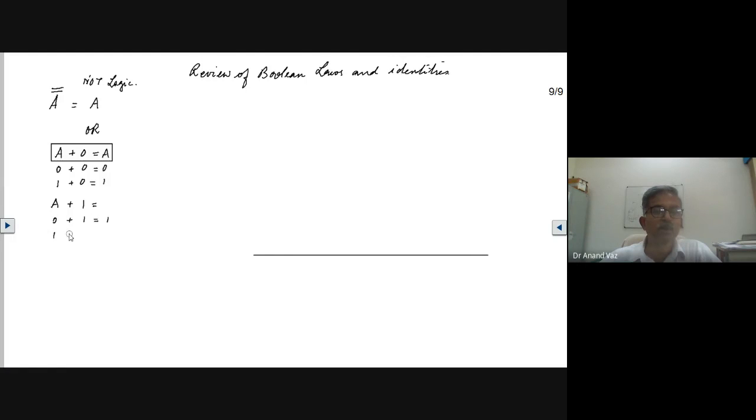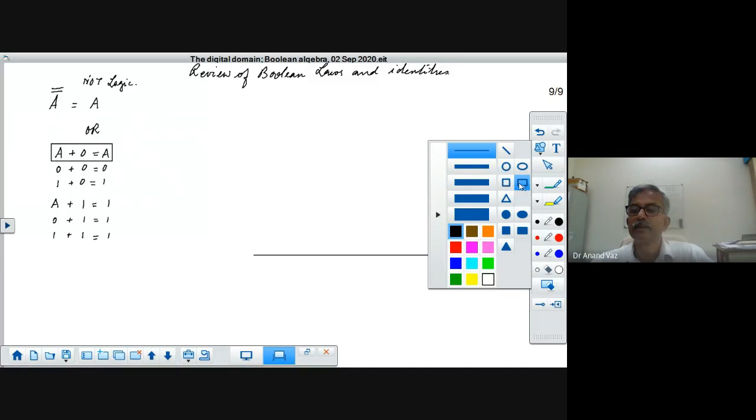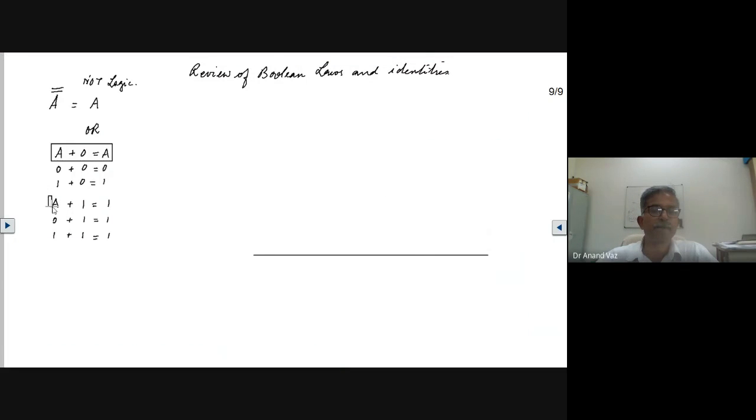Take A as 1, or it with 1, also the output is 1. So A or 1 is always equal to 1. So this is another Boolean identity. You can keep it.